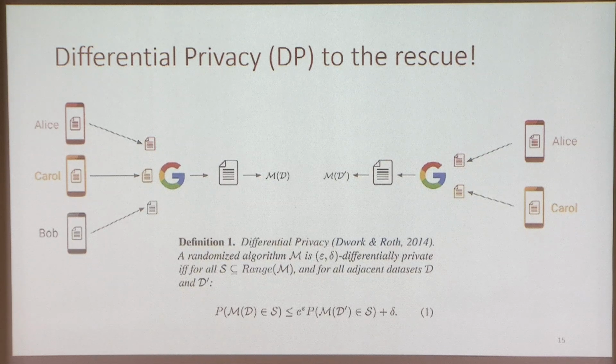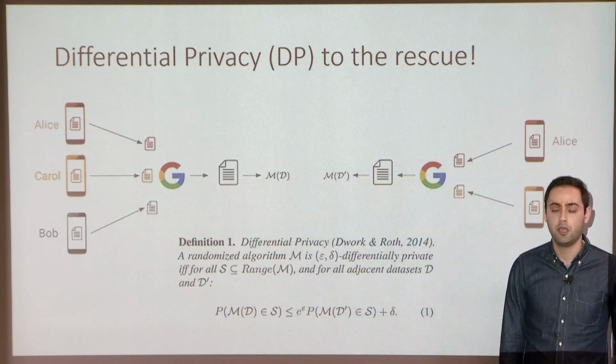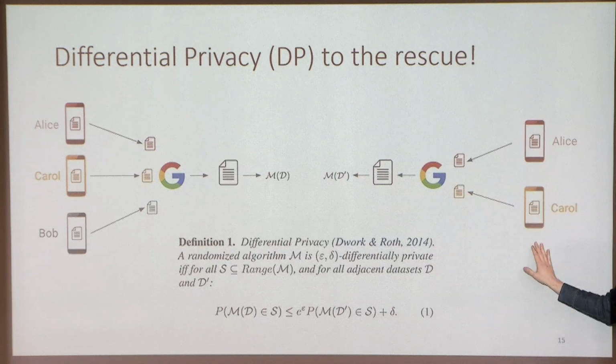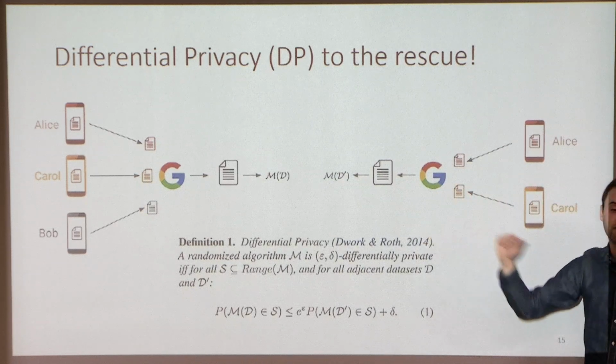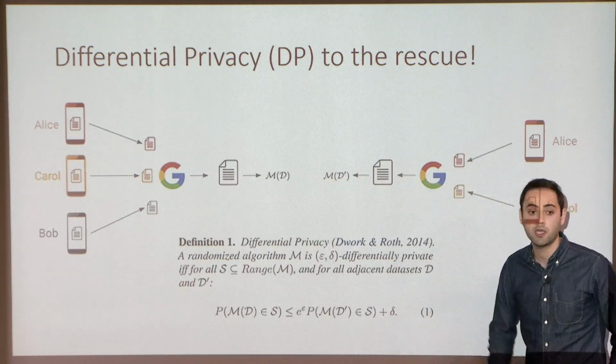It's much broader than just training machine learning models. The idea is if you train the model on a certain data set that you've acquired versus training it on a data set that includes everybody except, say, Bob, you want these two things to be statistically very similar. And the rigorous formula for the statistical similarity is the one that I'm showing here.